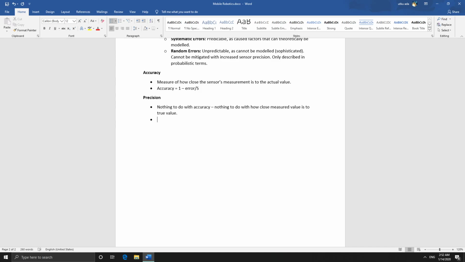This is entirely based on how close consecutive results are to each other. So it's the reproducibility of results.